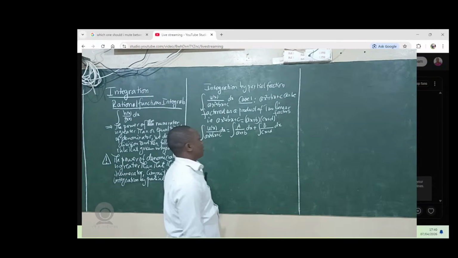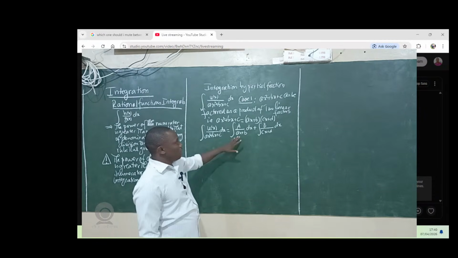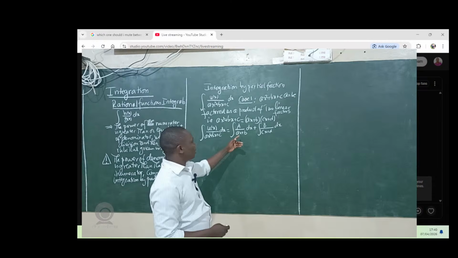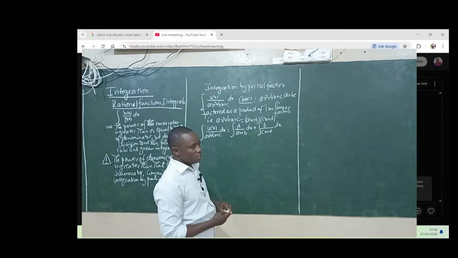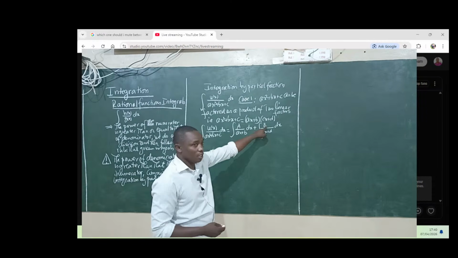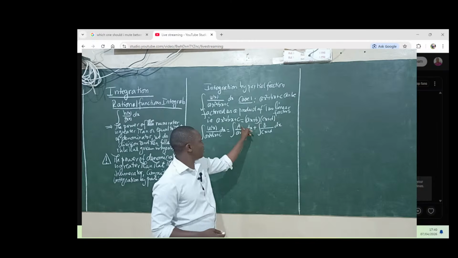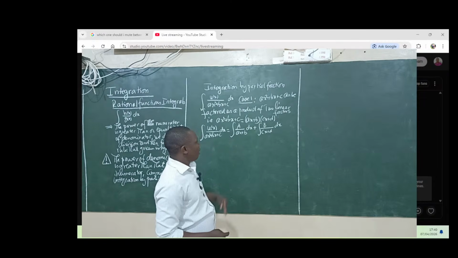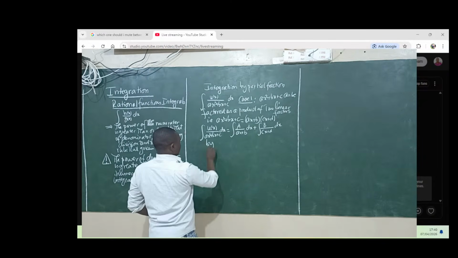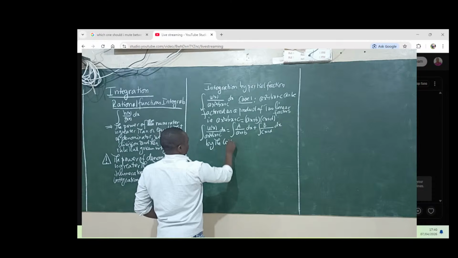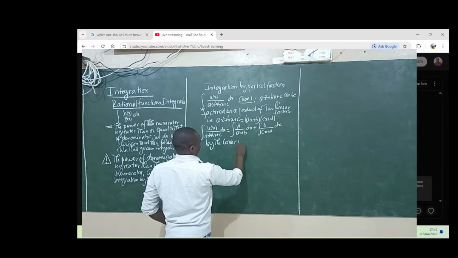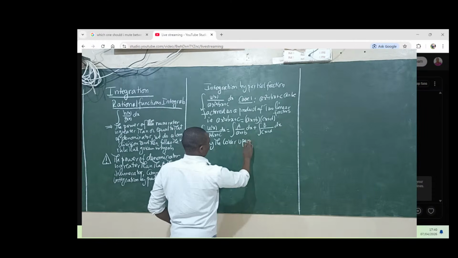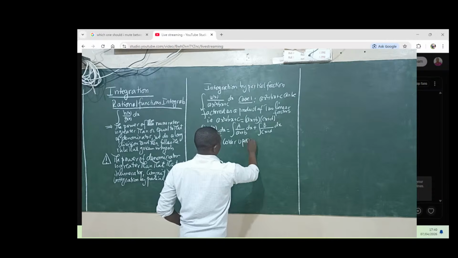Here the question is, how do we get these values A and B, I mean the uppercase letters A and B? By the cover-up rule method.